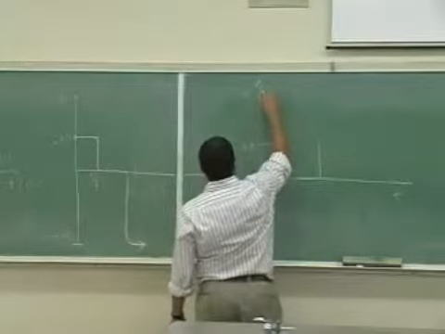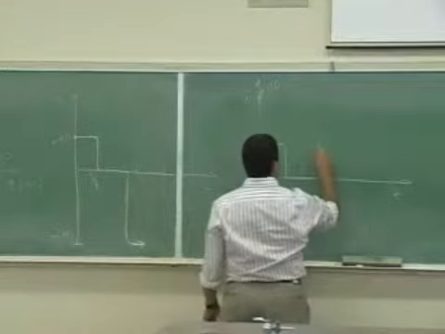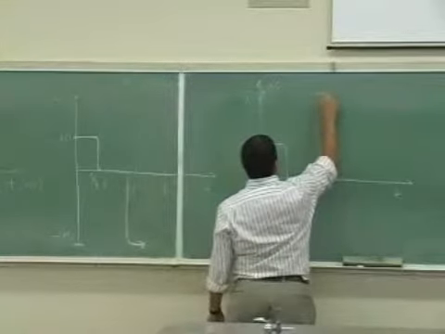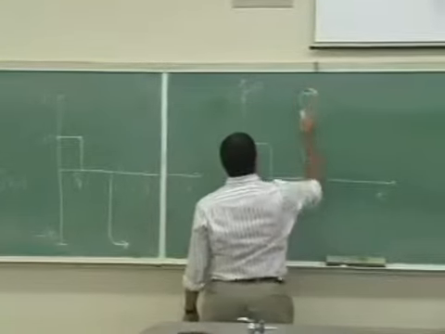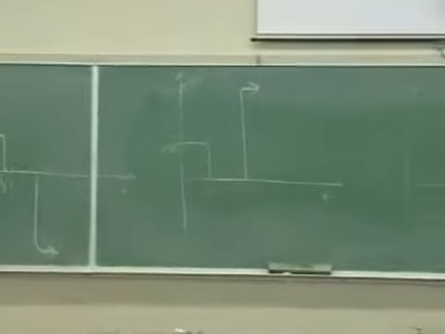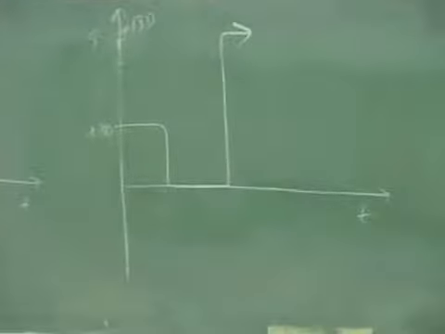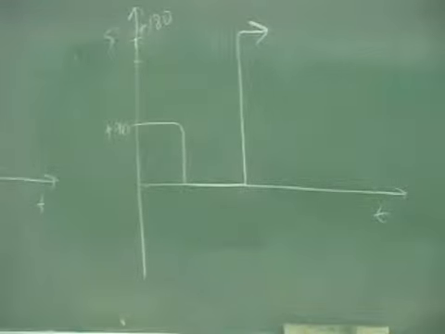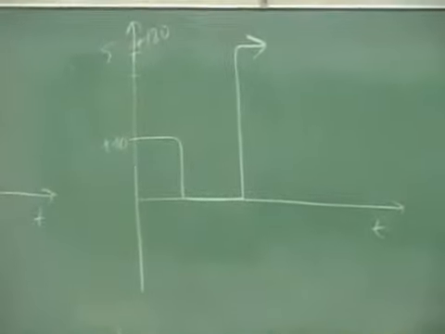So positive 180. The only thing was positive, 0, and then back to positive again. The speed is always positive.